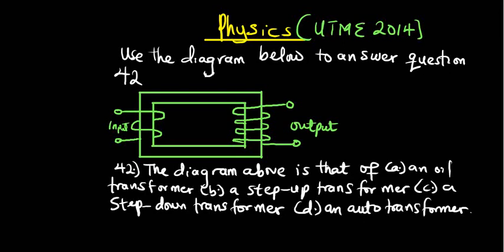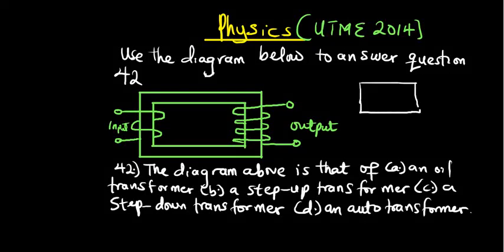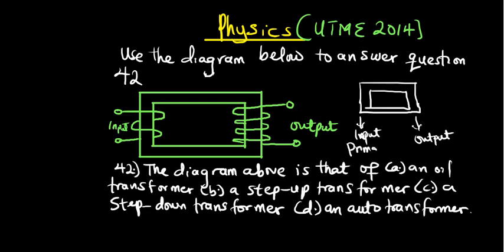Whenever you see a transformer, it is characterized by this feature. Let me draw a transformer for you. Assuming this is a transformer, the left hand side is called the input and the right hand side is the output. The input represents the primary, while the output represents the secondary. When we talk about the number of turns, it is the number of coils on the input side.